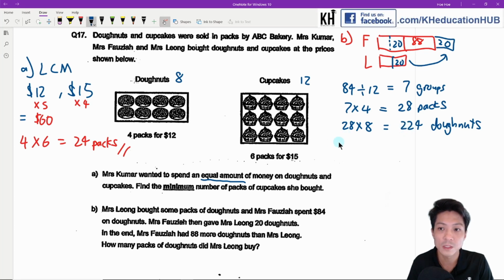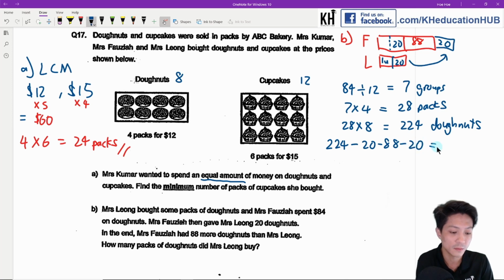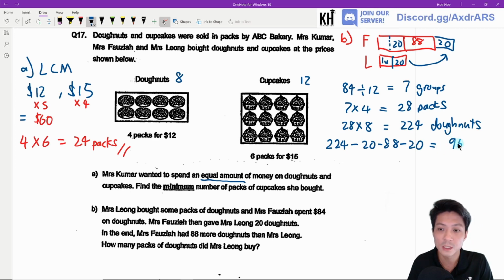The next step would be to find this 1 unit, which is the number of donuts Mrs. Leong bought. So 224 minus 20 minus 88 minus 20, which is 96.